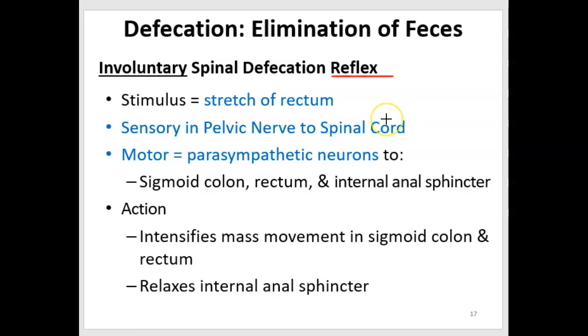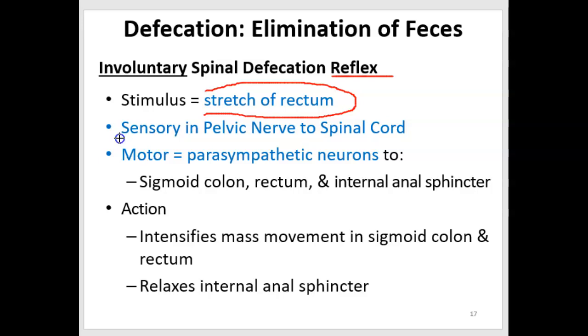This involves just neurons of the spinal cord. So you have stretch of the rectum, and there's a neuron that senses that in the wall of the rectum usually, or the anal canal.